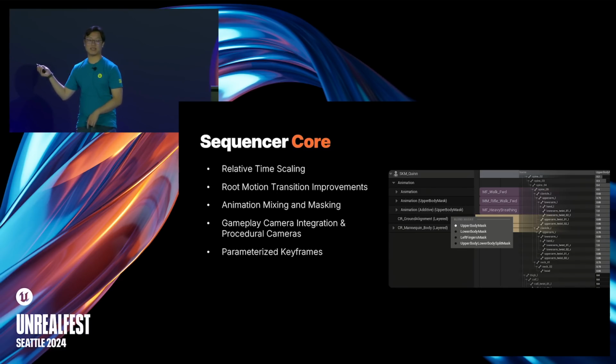One of the things is having a priority system for your animations and being able to bone mask or add masks within Sequencer to play your animations additively, without having to go into animation blueprints or the animation assets and turn on and off certain properties just to access that. You'll be able to do this all directly within Sequencer. So if you want your player to conditionally have an additive breathing animation only on the upper body, we'll be able to do that.